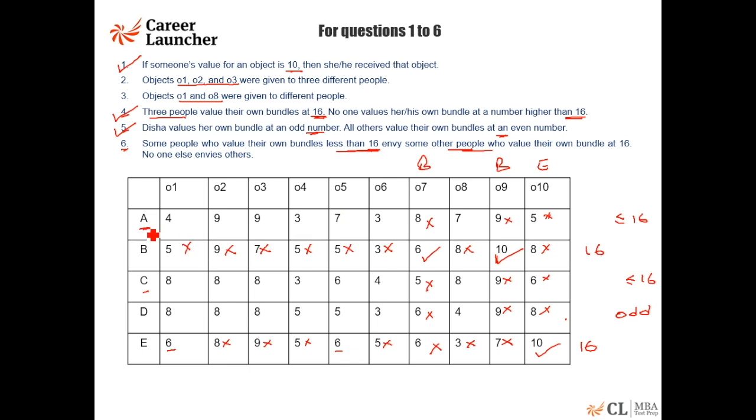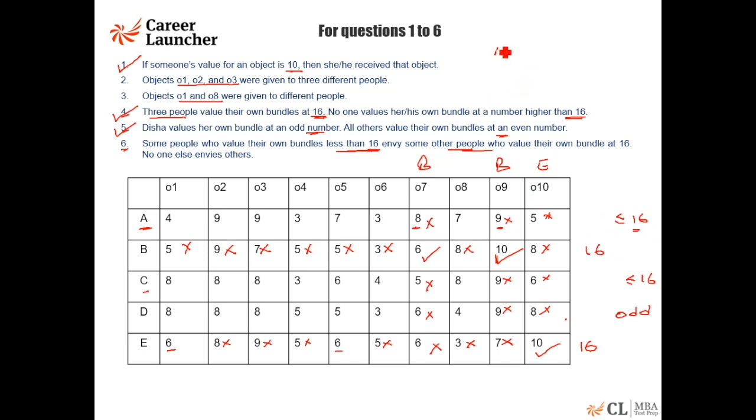So let us look at A. What is A's value for B's bundle? A values B's bundle at 8 plus 9, 17. So Amar's value for Bharat's bundle is 9 plus 8, 17. But his own value is going to be less than or equal to 16.